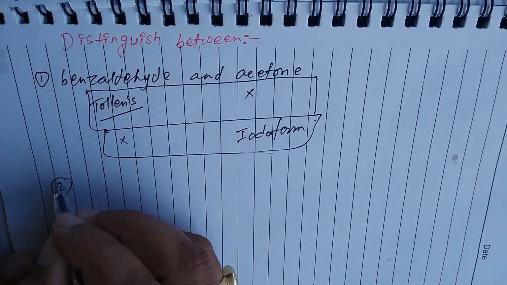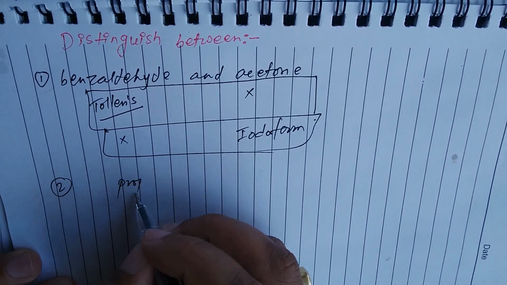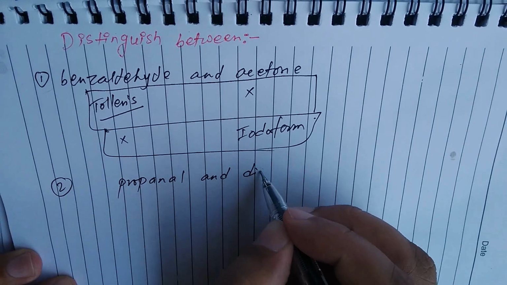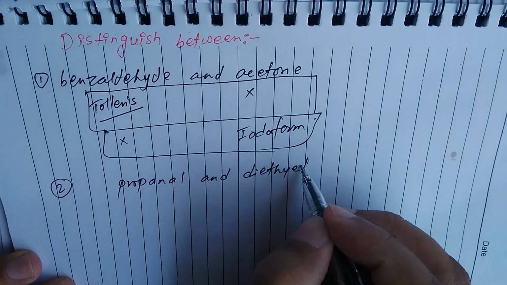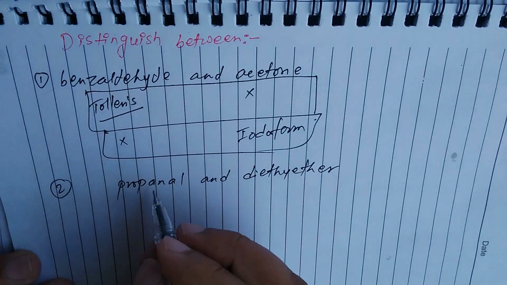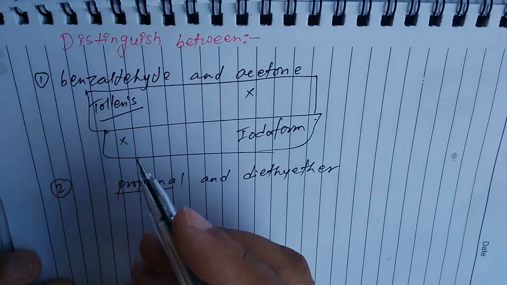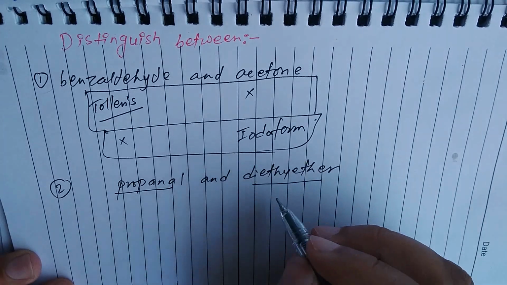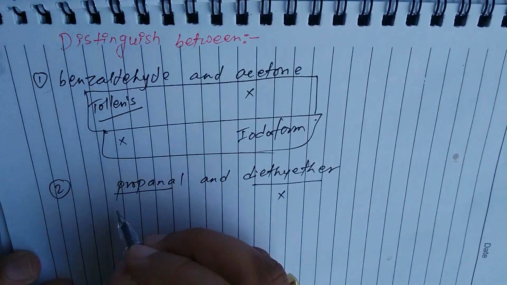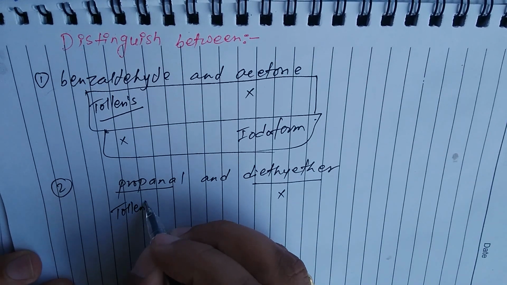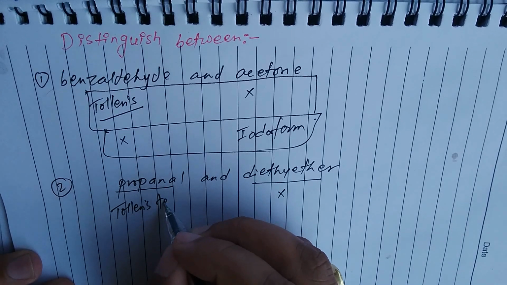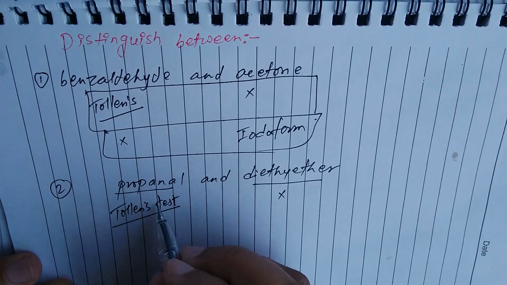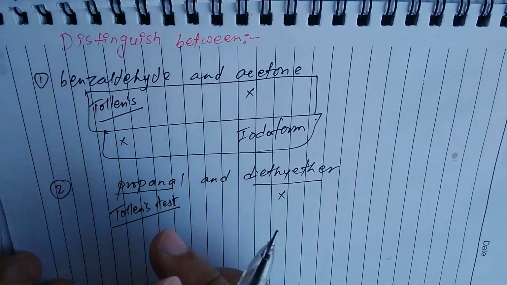Another example: propanal and diethyl ether. Propanal is an aldehyde, of course it gives Tollen's test, but diethyl ether does not give Tollen's test. We already wrote the chemical reaction. So very simple mechanism.